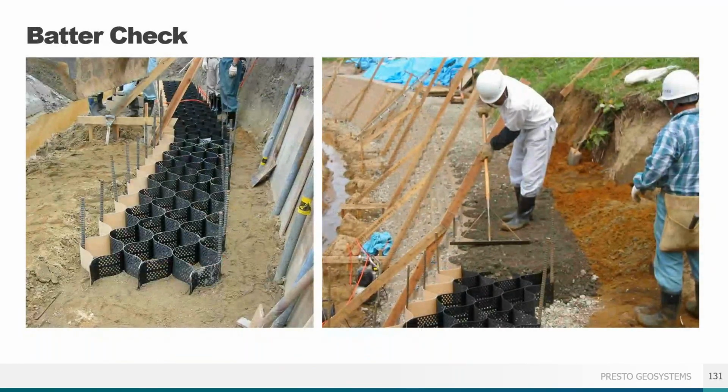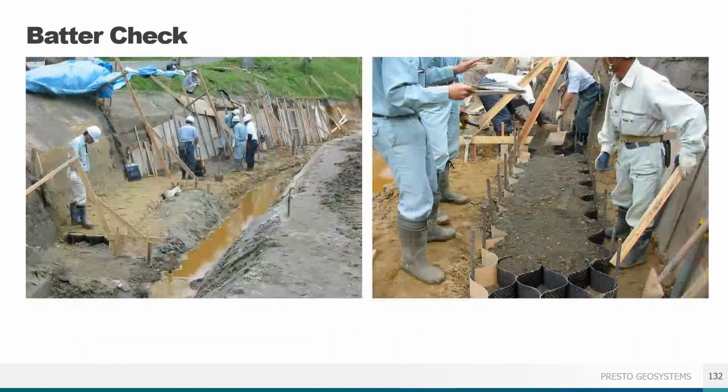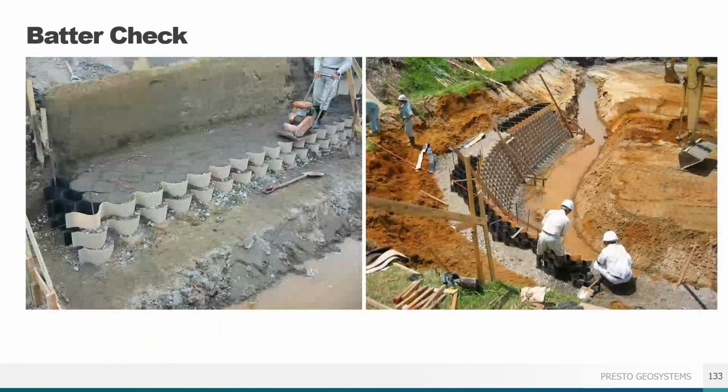Another technique, best practice, and pro tip is to check the wall batter as you build. Here we see construction in process with batter check stations along the way. No problem with compaction or around curves. Same setback angle is maintained.